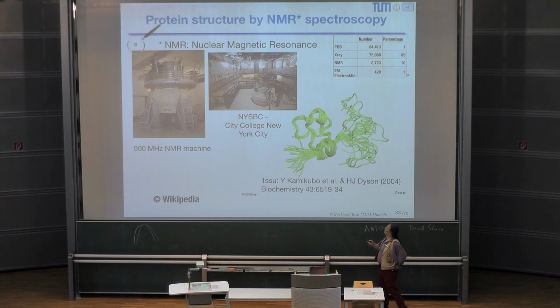The next issue with NMR is that you get nuclear resonance, and in this nuclear resonance you have more of a problem than in the electron density map to trace your chain, to find out which residue you see at some point. And therefore you get more than one model out of it.